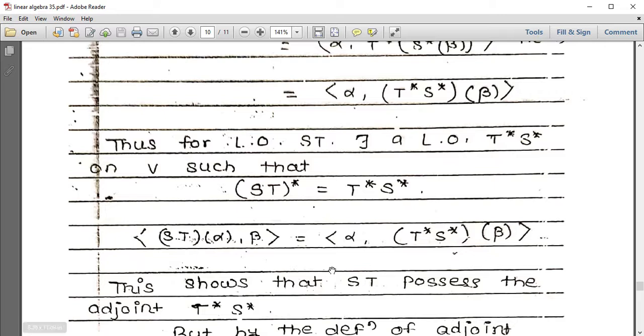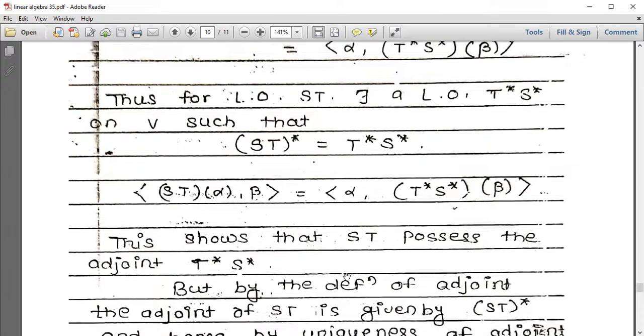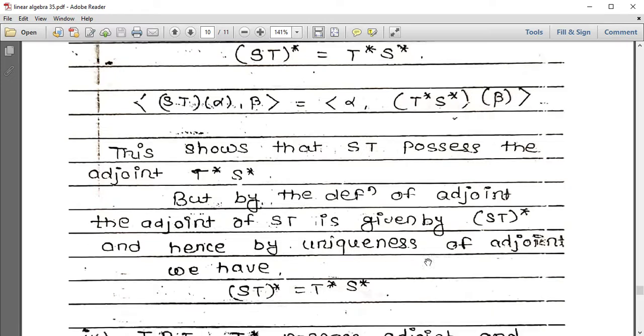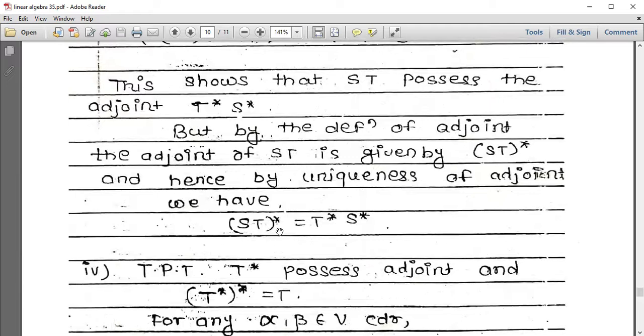So this shows that ST possesses the adjoint T star S star. But by the definition of adjoint, the adjoint of ST is given as (ST) star, and hence by the uniqueness of the adjoint, we have (ST) star is equal to T star S star.